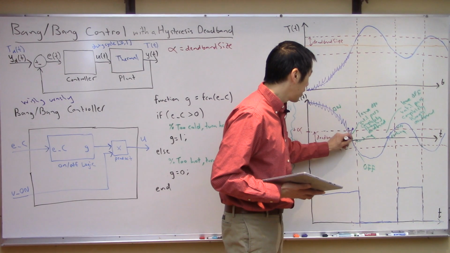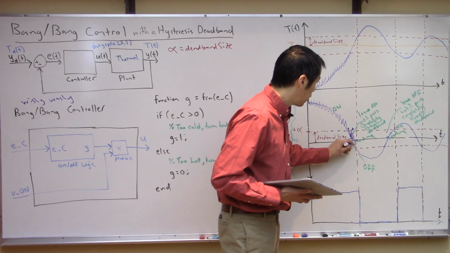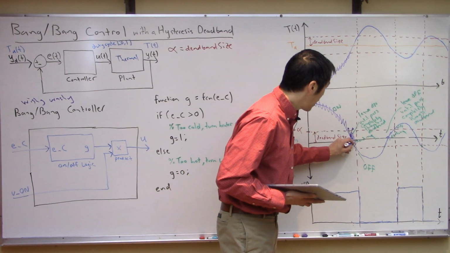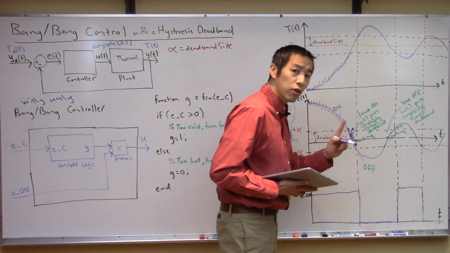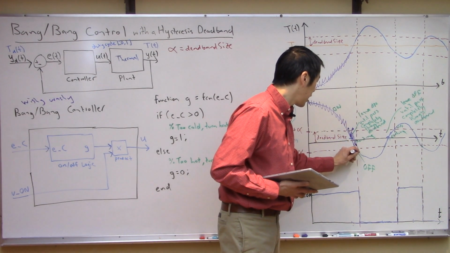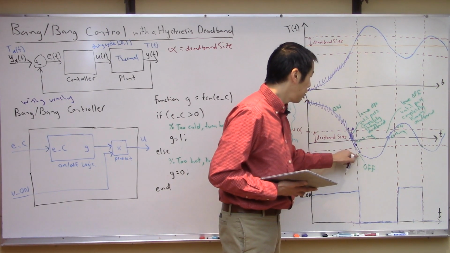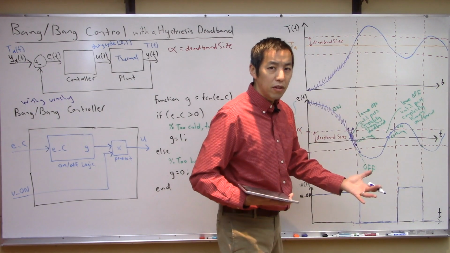So it's gonna keep going, and now if you're noisy, it's still on. Now, let's say you're right here, about to leave the deadband, so the heater is on. Let's say the noise bumps you outside. Now you've left, so you turn the heater off, but you commit to being off.